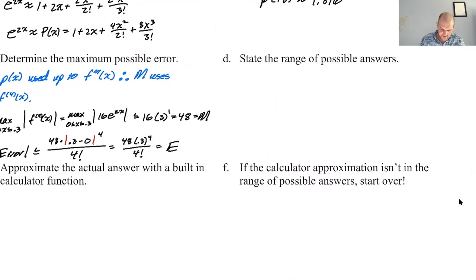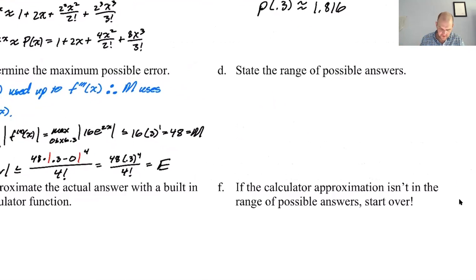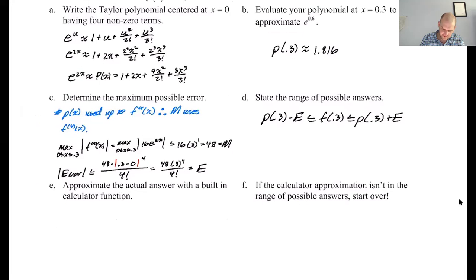So my range of values, and we'll jump to the calculator in a second, should be my approximation, P of 0.3 minus E that I calculate, less than or equal to f of 0.3, less than or equal to P of 0.3 plus E. And now it's all calculator from here on out.